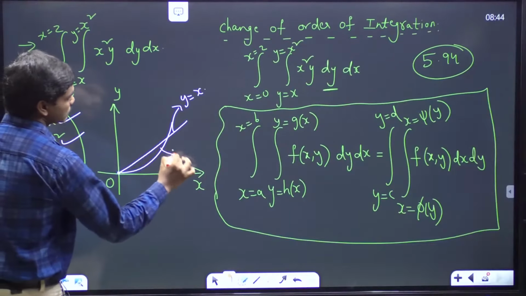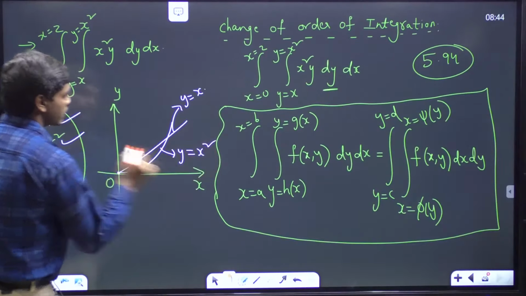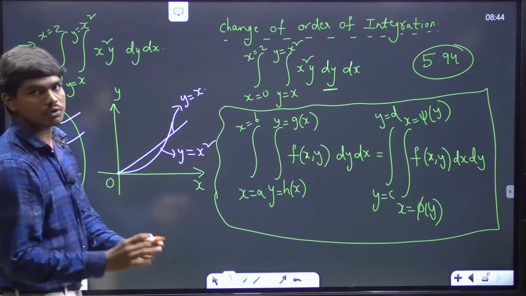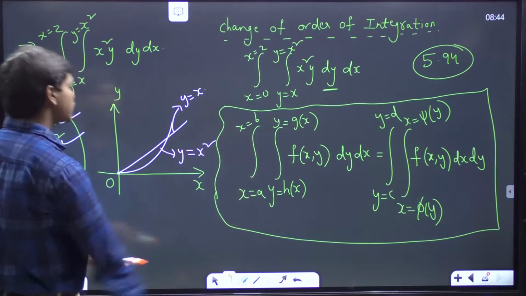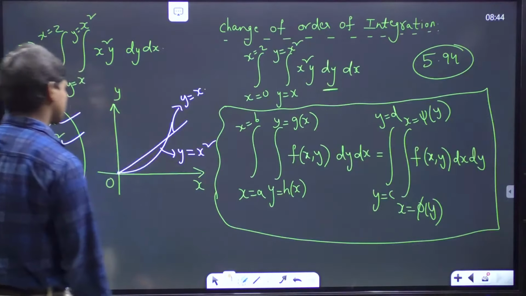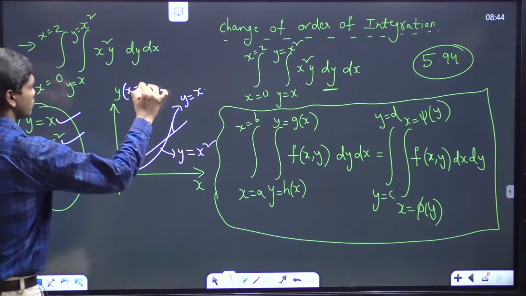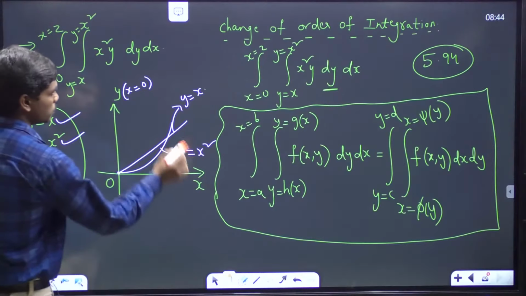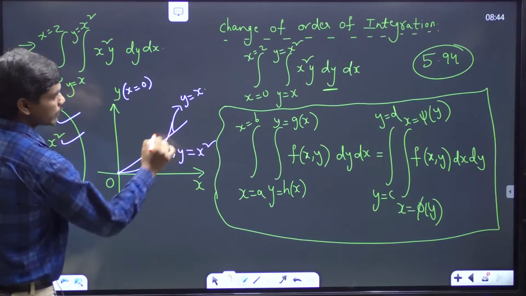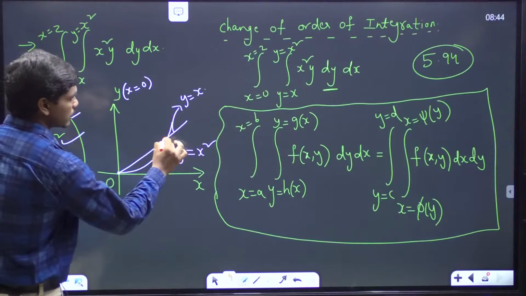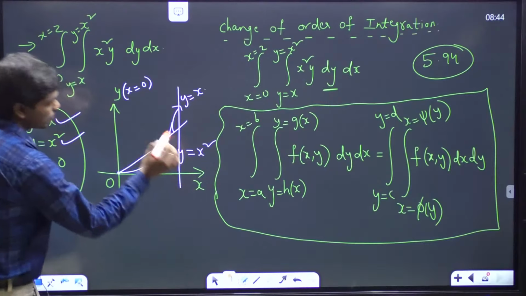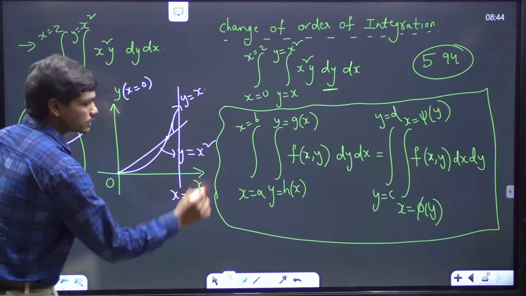Of course, it has a left hand side as well, but we are interested only in the region which is getting bounded. So this is y is equal to x square. Now x is equal to 0 is the y axis itself. x is equal to 2 is somewhere here. If you see, the point of intersection of these two things is something like this. So x is equal to 2 could lie somewhere here.